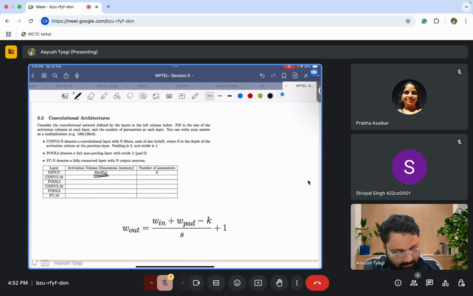right? So what will happen if we do a convolution operation on it with a kernel size of 5 cross 5 cross 1, because 1 is basically the number of channels, and there are 10 such kernels.